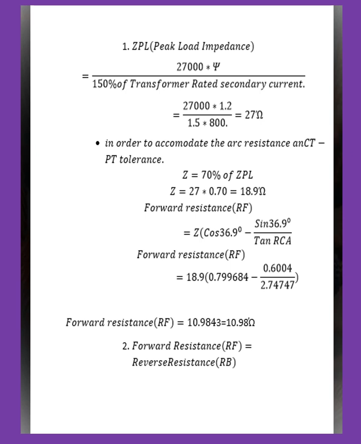So forward resistance RF is equal to Z cos 36.9 degree minus sin 36.9 degree tan RC. These all need calculation; I can show you later. With Z equal to 18.9, the value is coming around 10.98 ohm.